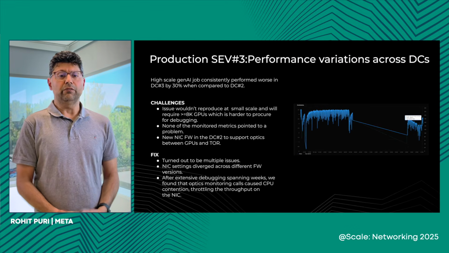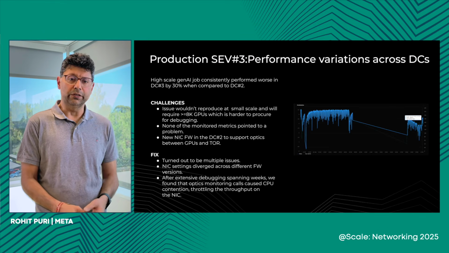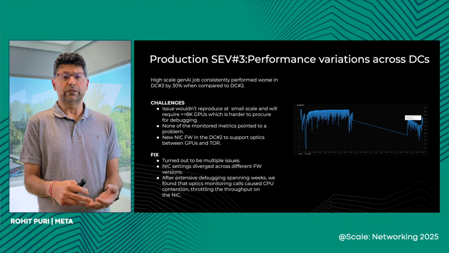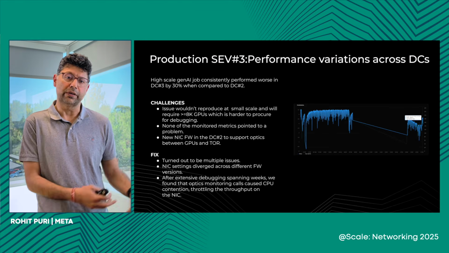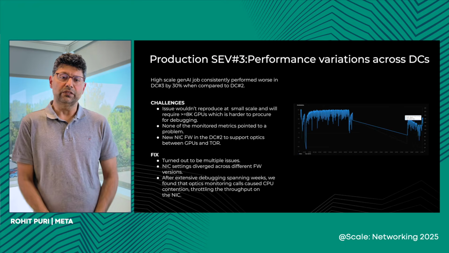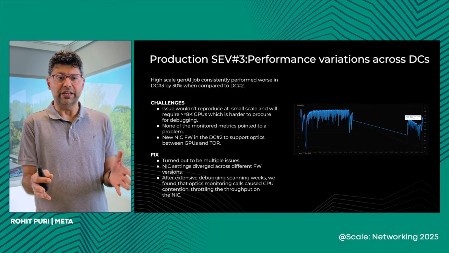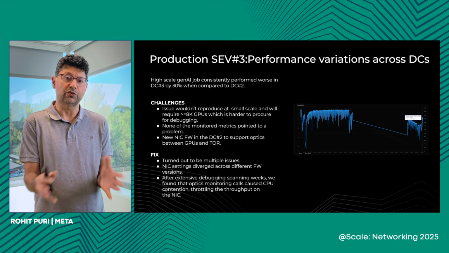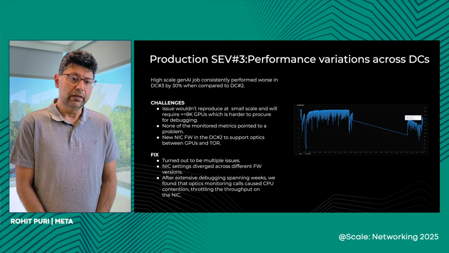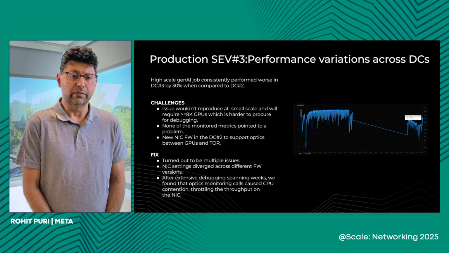Once we started debugging, we found there were multiple issues. The first issue was obviously related to the NIC firmware, where there were setting drifts from the rest of our DCs. We recognized that these settings changed and we were able to address it quickly. But that only reduced the gap of the regression. It did not solve the regression completely until we actually found the root cause for the remaining regression.